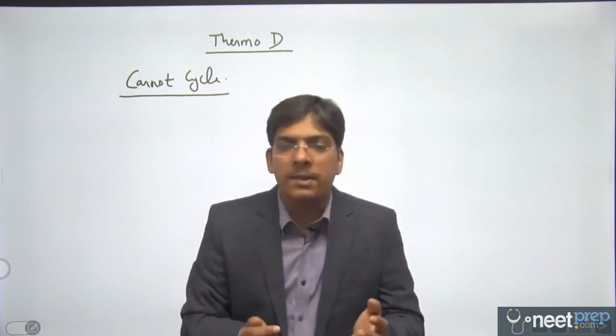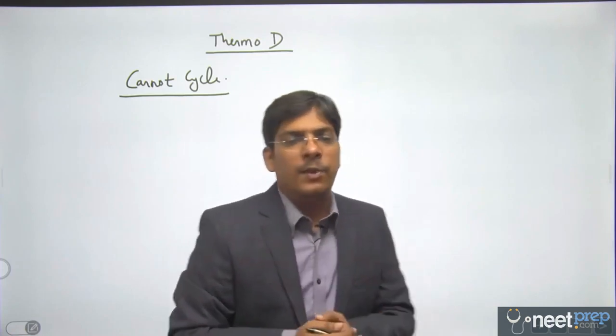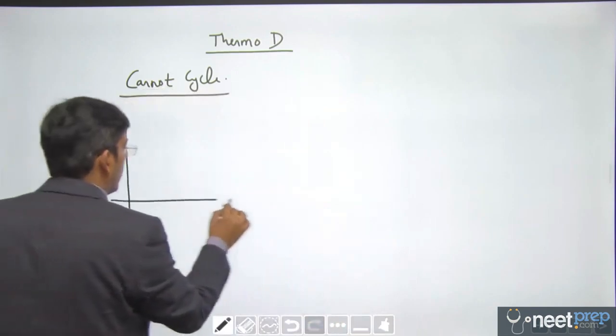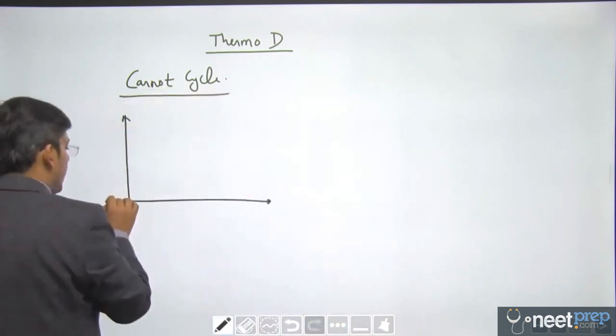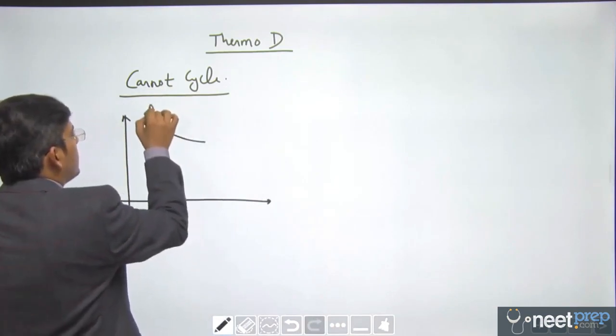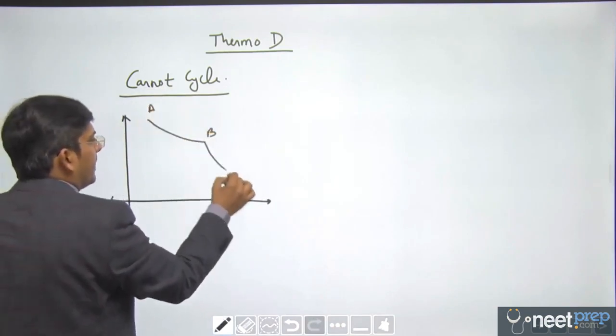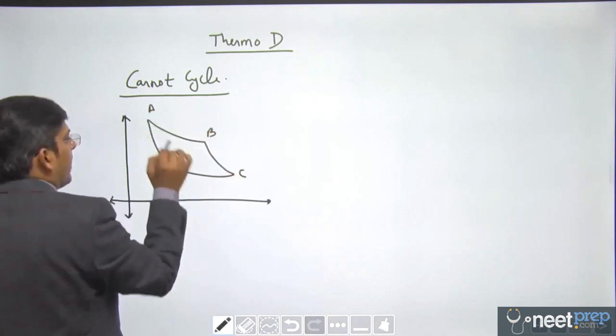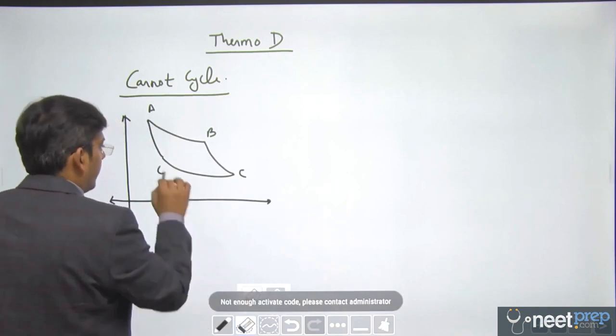It will not be 100%, but it is going to be maximum, right? So this is the Carnot cycle, where the working substance must go through the following steps. Initially isothermal expansion, then adiabatic expansion, then again isothermal compression, and lastly adiabatic compression. Okay, right.